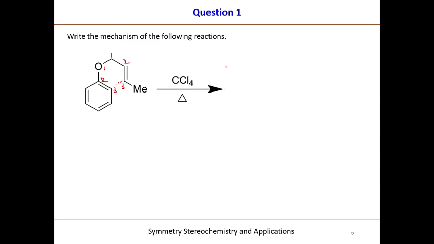Here I will show the intermediate. This is a dotted line, and this will also be a dotted line. The bond which is breaking and the bond which is forming, I am showing both with dotted lines.